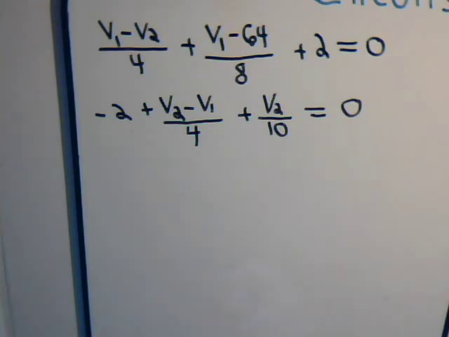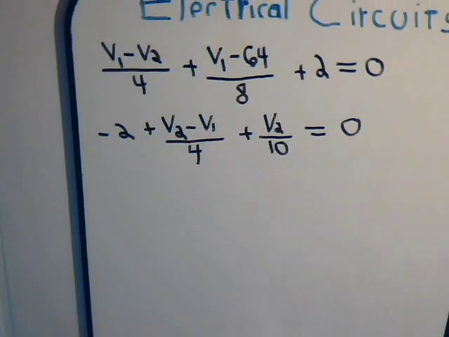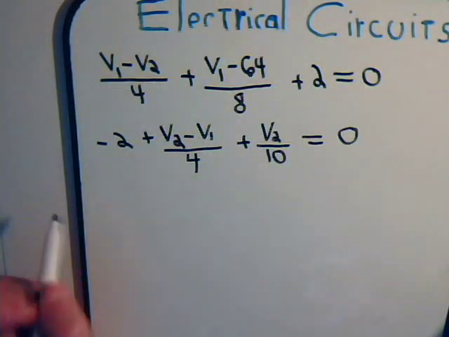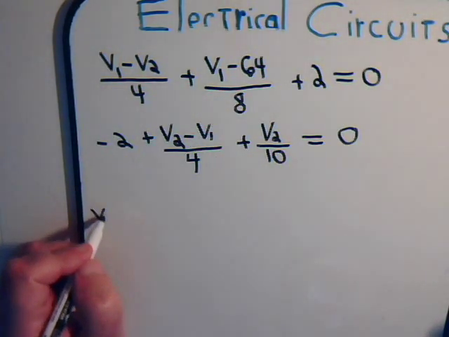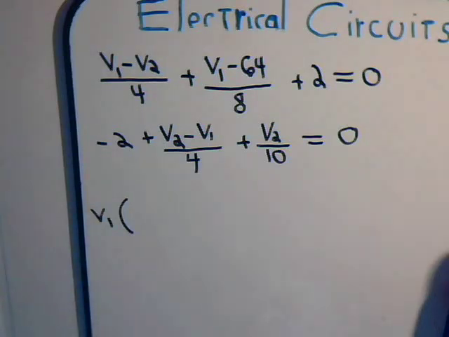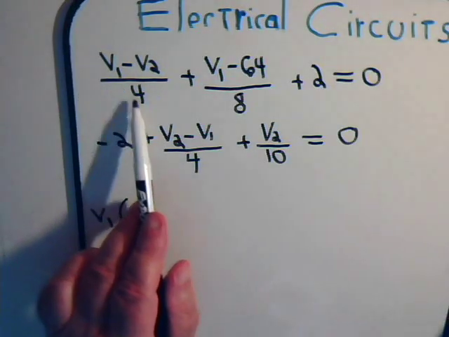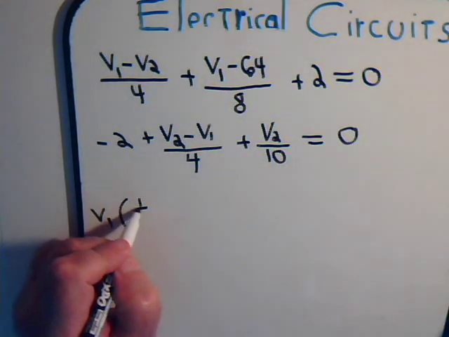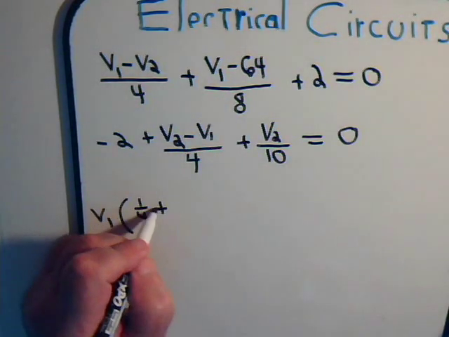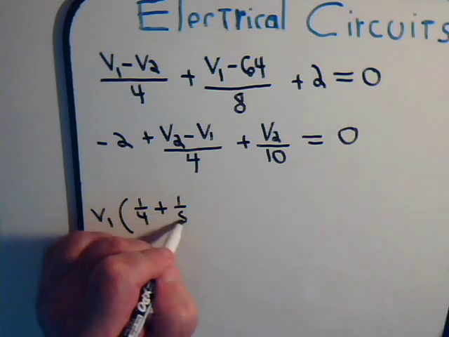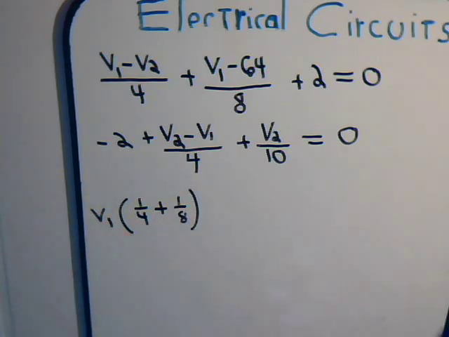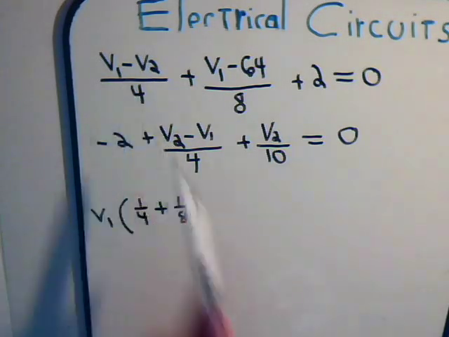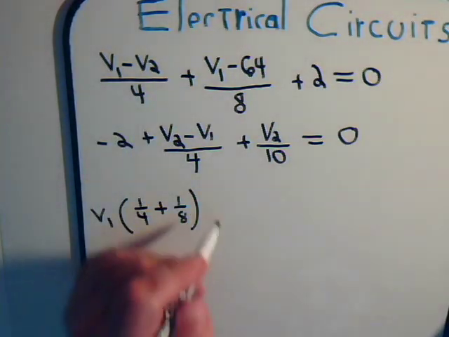So let's take a look at this equation, the top equation. Here we have V1 times 1/4 plus 1/8. And here we have minus 1/4 V2.